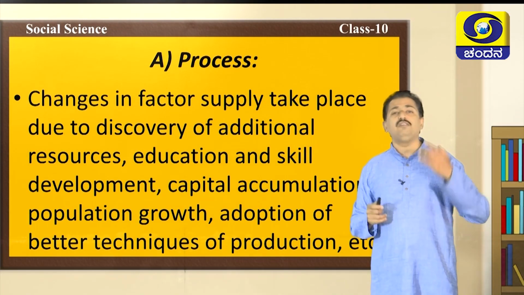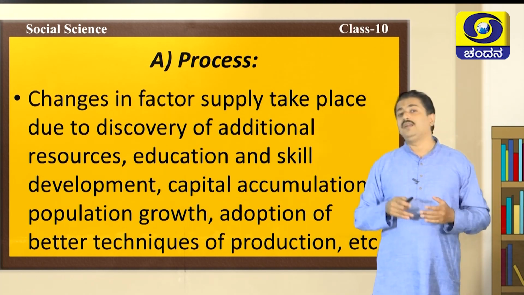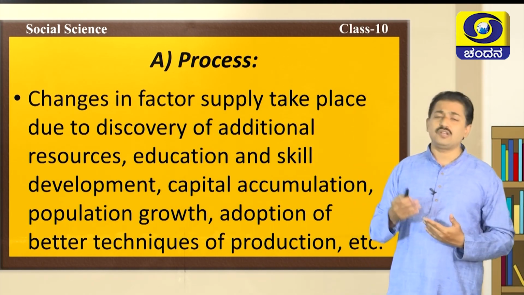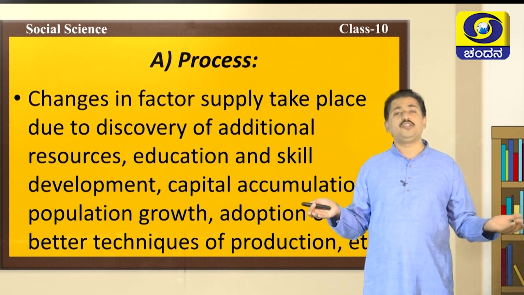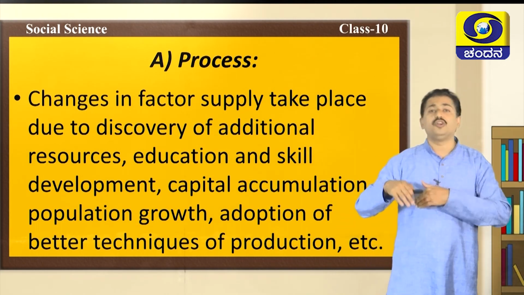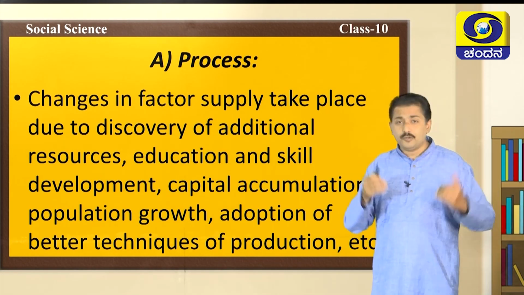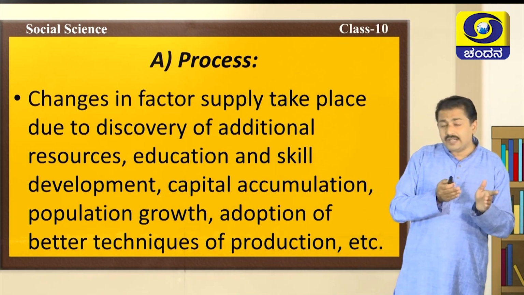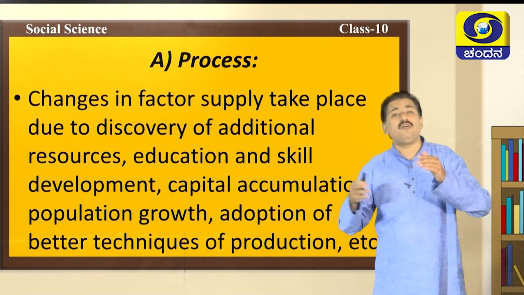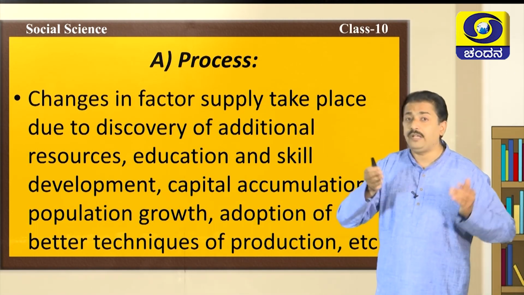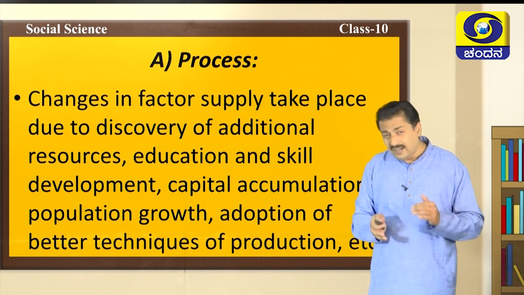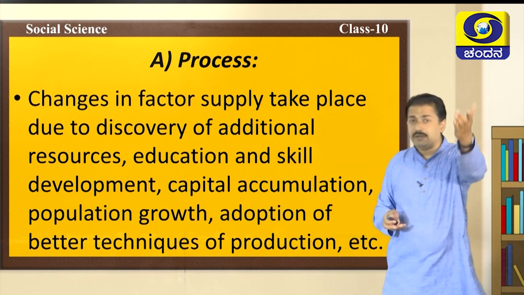For example, we were supplying mica to the world. Later, people of different countries started using alternative resource to mica, right? Synthetic fiber, synthetic mica came into being. So, in the process of economic development, new resources have been added, new resources come into being. At that time, that affects again economic development.